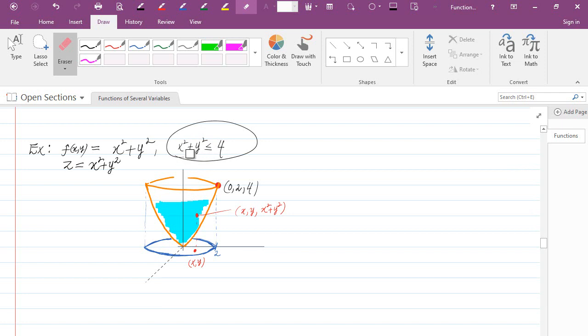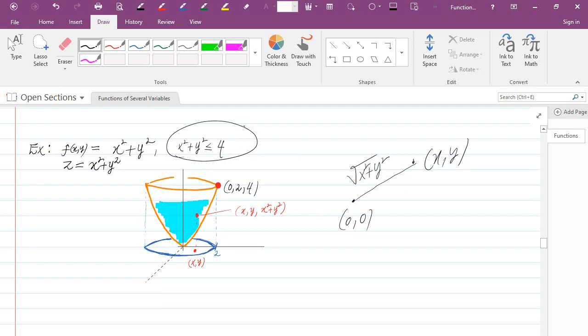If I look at the origin (0,0) and the point (x,y), then the distance from (0,0) to (x,y) is the square root of x squared plus y squared. So this inequality tells me that the distance between (x,y) and the origin is less than 2.